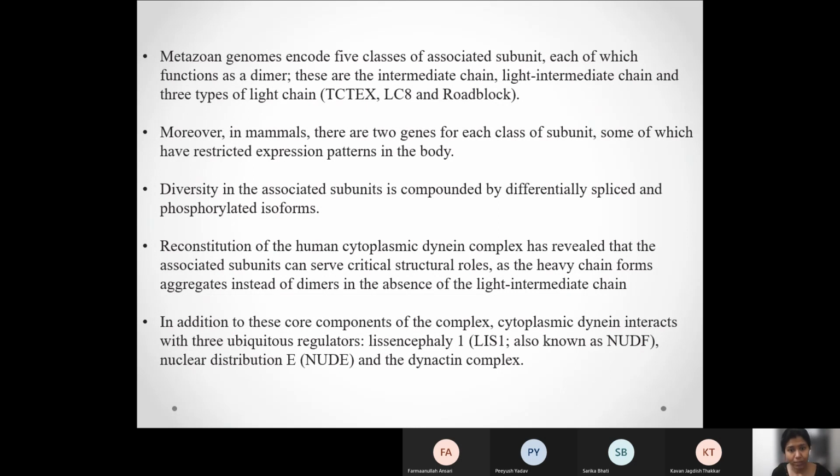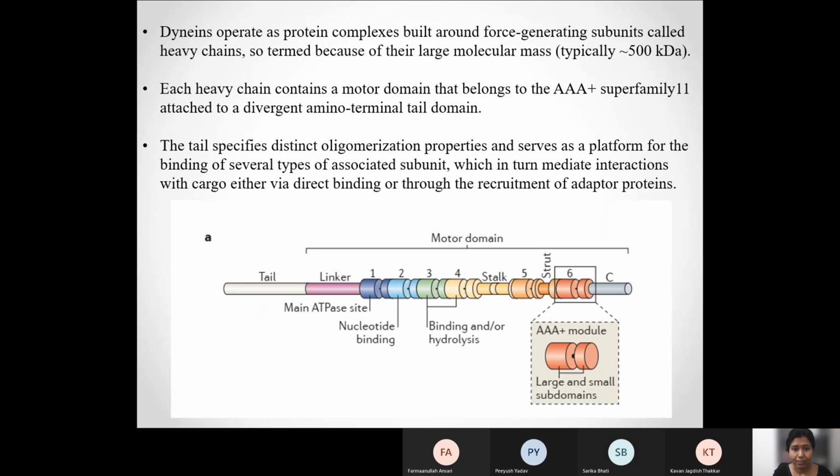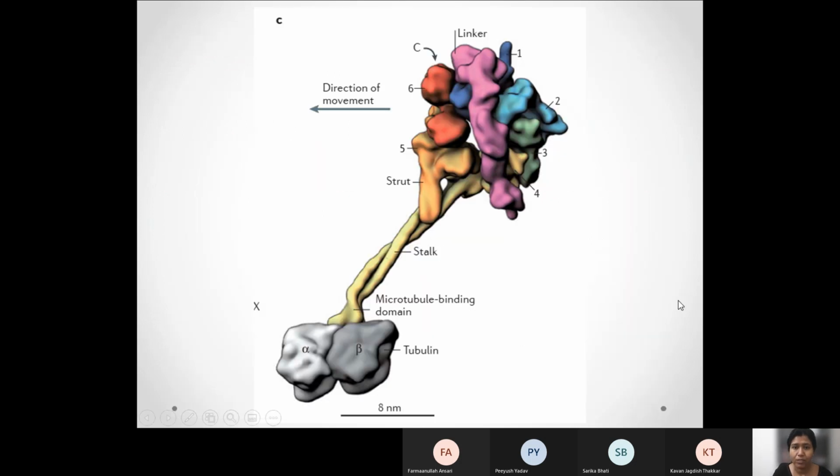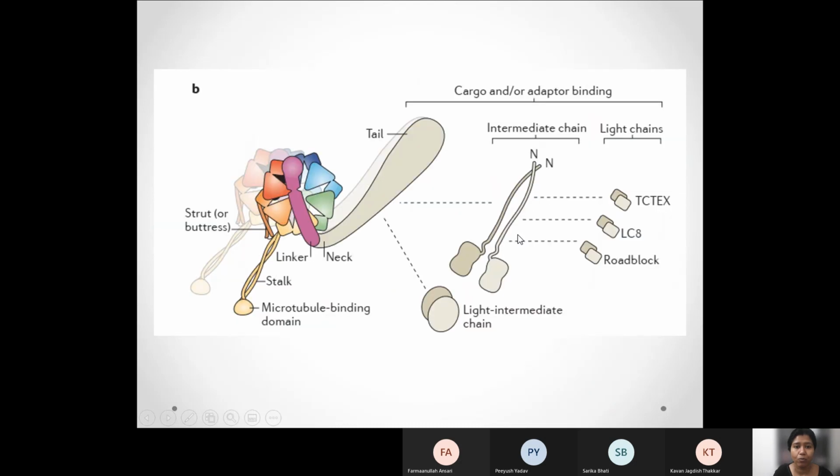So even though you have one single cytoplasmic dynein, by alternative splicing or post-translational modifications, you could give a little variety to it. But the major variety of cytoplasmic dyneins comes from the accessory proteins that associate with it. Remember, we have so far talked about the dynein heavy chain. There's one single very large polypeptide chain that folds into a structure more like this.